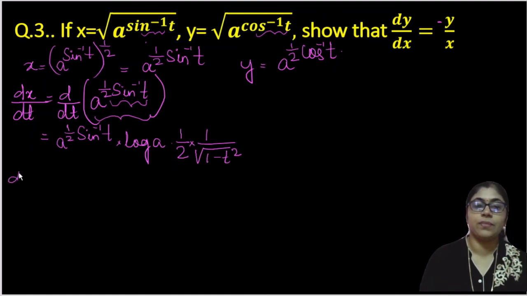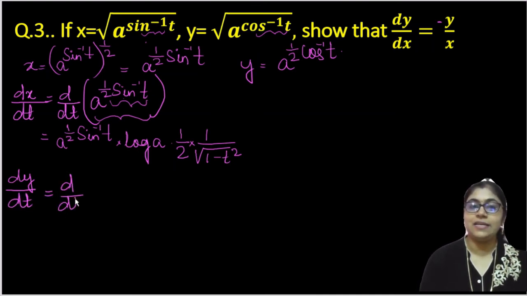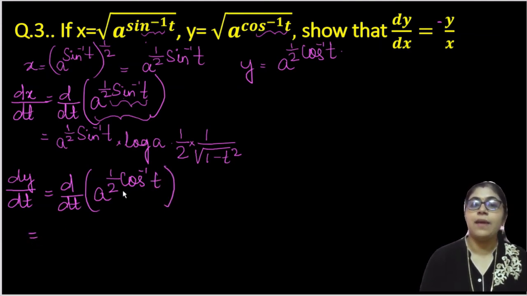Similarly, if you differentiate y with respect to t, we'll get d by dt of a to the power 1 by 2 cos inverse t. Everything will be same, but only the differentiation of cos inverse t will be a little bit different.